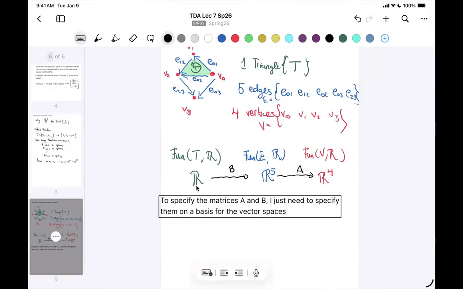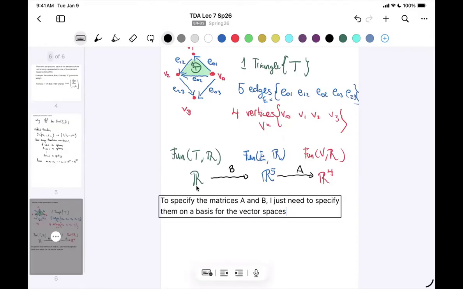So let me start with A, because A is a little bit more intuitive, since you have more familiarity with graphs. To specify the matrix A, I have to specify it on the basis vectors. Because of these formal linear combinations I was telling you about, specifying A on the basis is more or less equivalent to saying what I want A to do to this edge, this edge, this edge, this edge, and this edge.